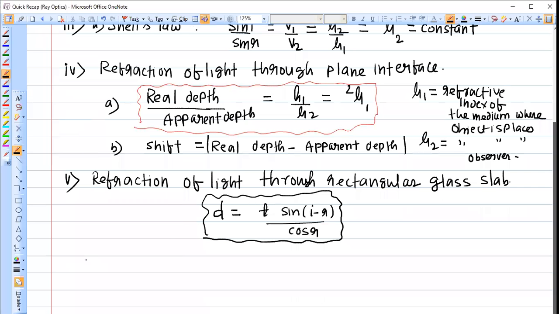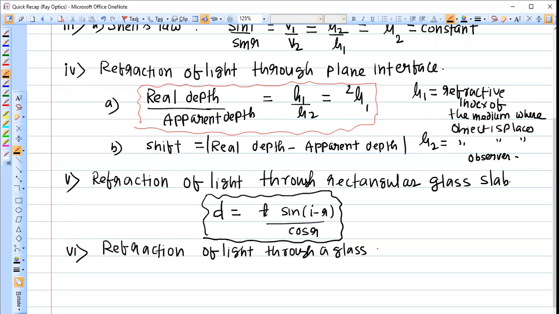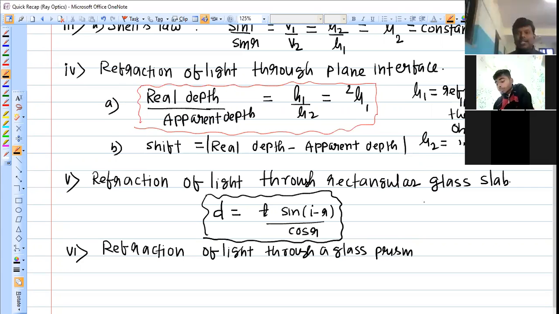Then we have seen the refraction of light through a glass prism. So refraction of light through a glass prism, what have we seen?